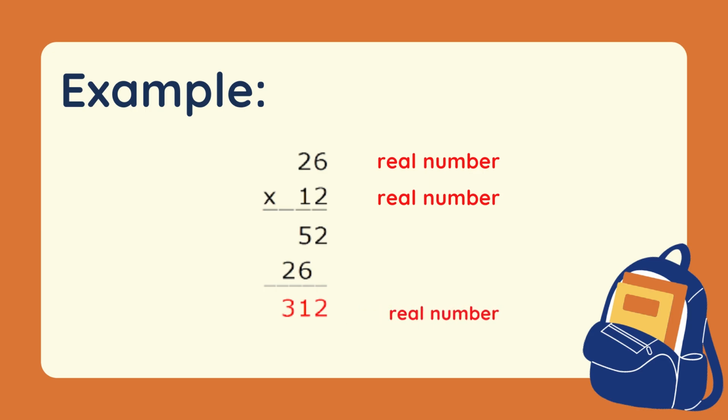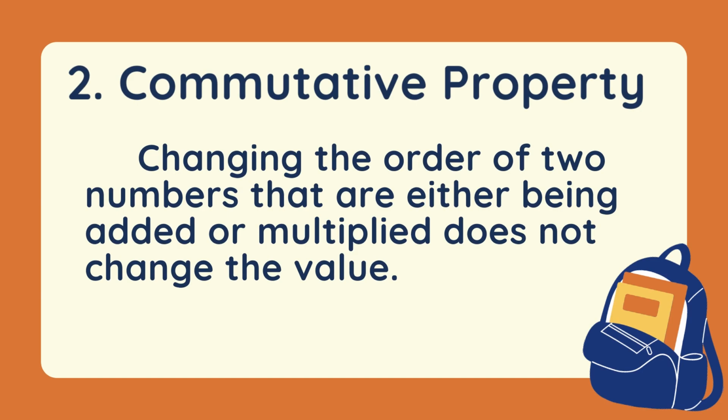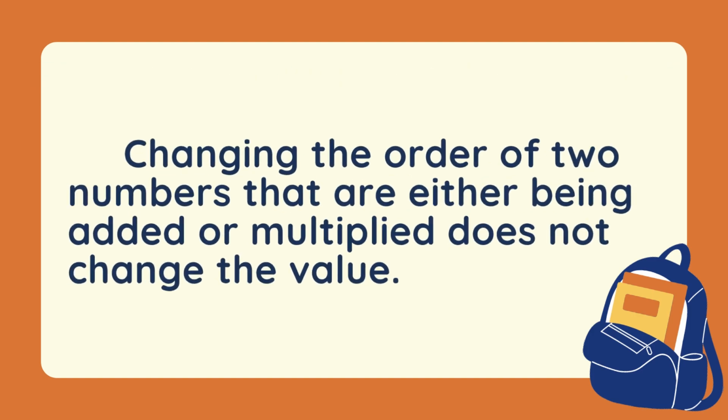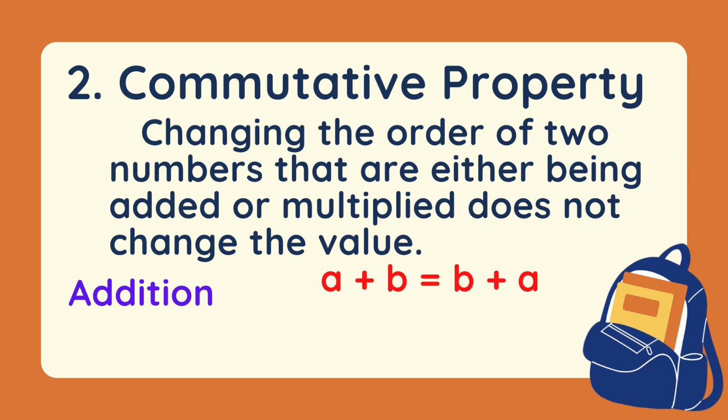The second property is the commutative property. The commutative property states that changing the order of two numbers that are either being added or multiplied does not change the value. Again, the order of the two numbers does not affect the process in terms of addition or multiplication. In symbols, that is given by a plus b is equal to b plus a.